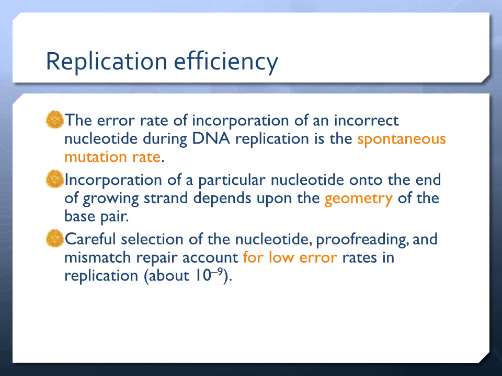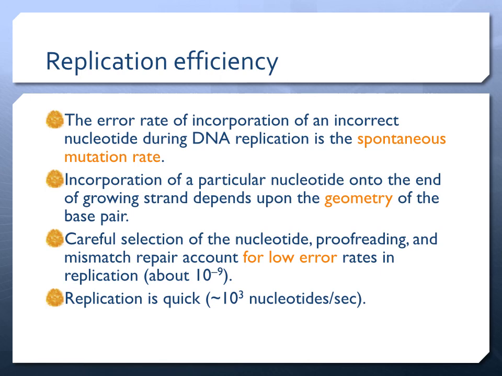So it allows for a careful selection of the nucleotide plus the proofreading of the nucleotide that has just been added. So overall, it will leave a very low number of mistakes at each replication round, and this low error rate is about 10 to the minus 9. So it means that you will have one mistake per billion nucleotides.